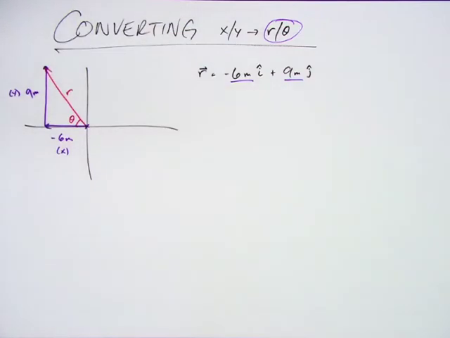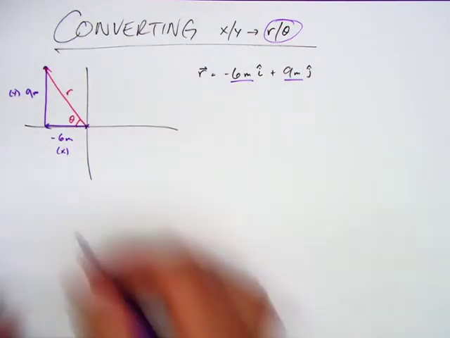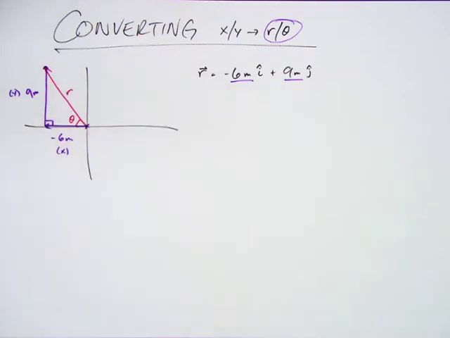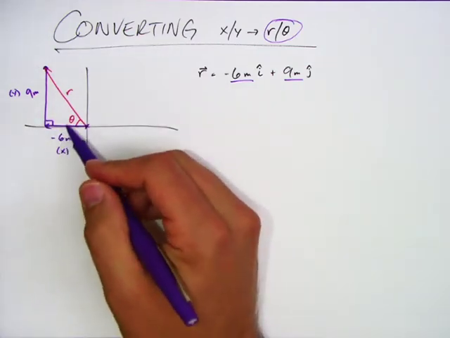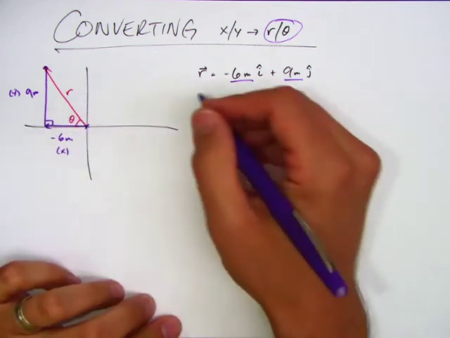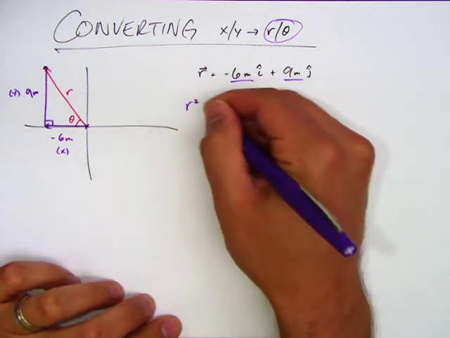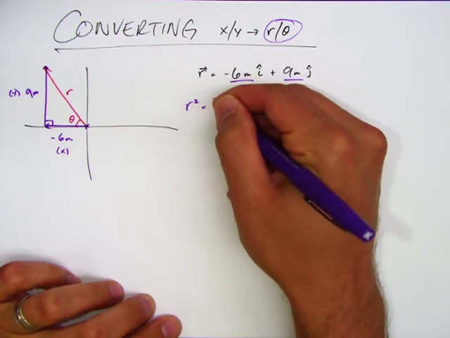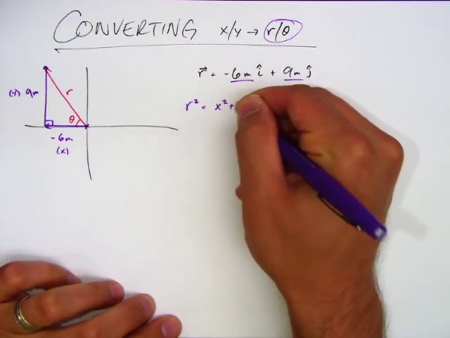Again, we use a little trig, but this time this is right triangle trig, but we use some different tools. Now, I know two sides, I want to find the third. I can use the Pythagorean theorem, where r squared equals x squared plus y squared in this case.